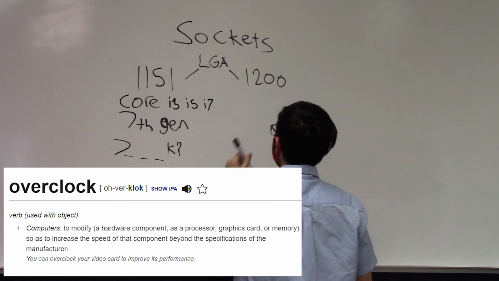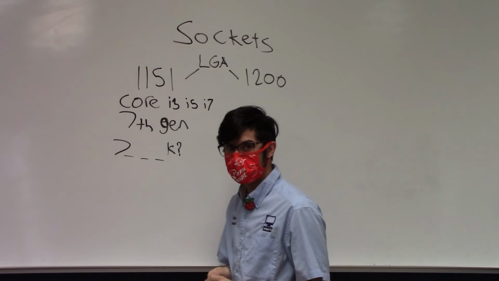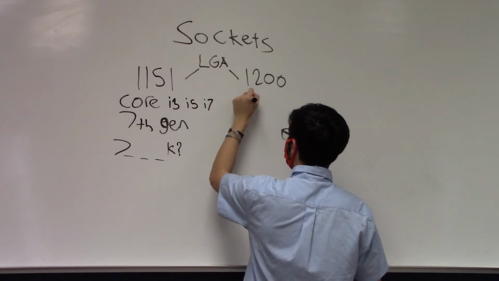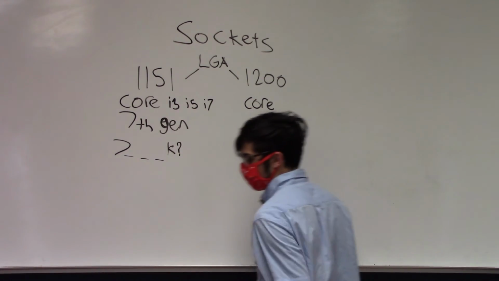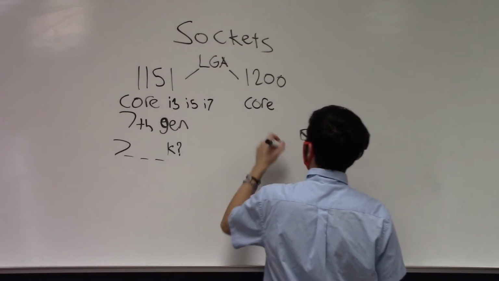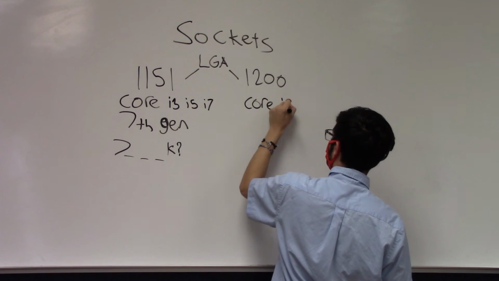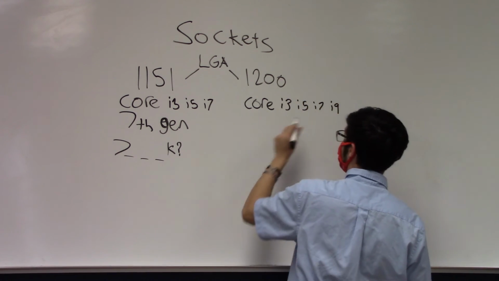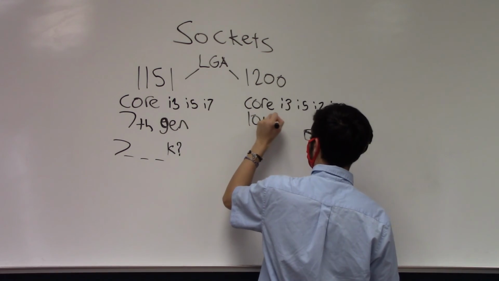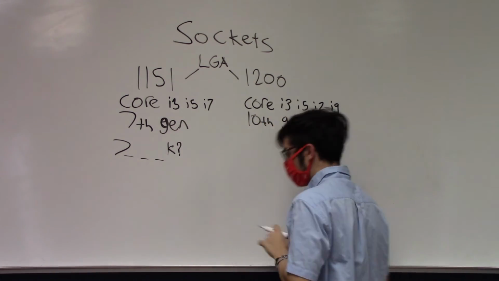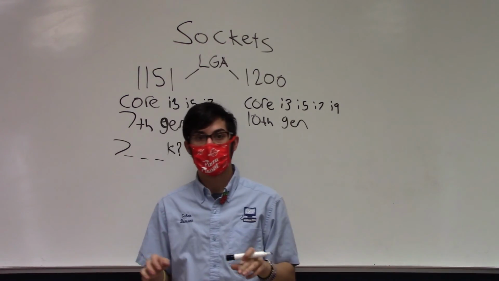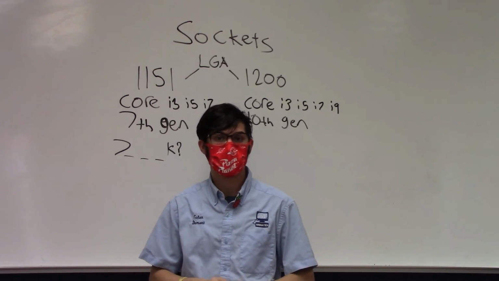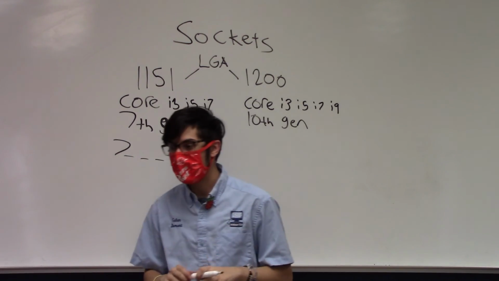Now, the 1200 LGA socket is also Core, but it supports the i3, i5, i7, and i9 10th gen. The 10th gen is the latest widely available generation, because I think some computers have 11th gen now, but it's still really expensive because it's new.